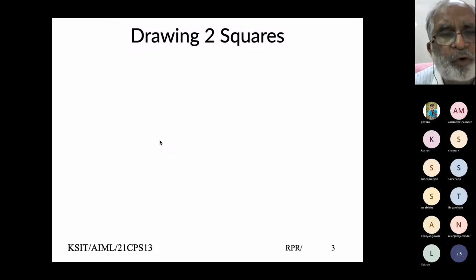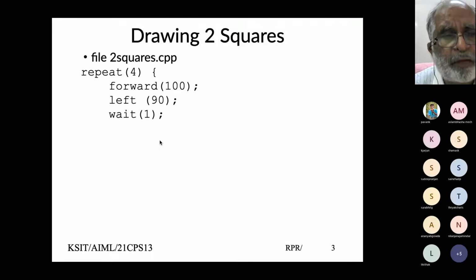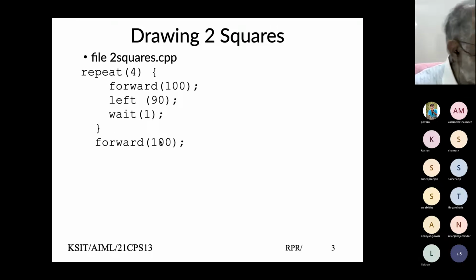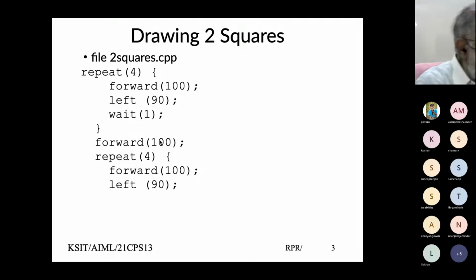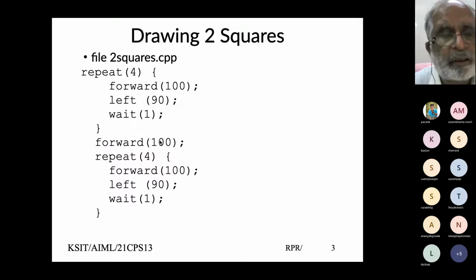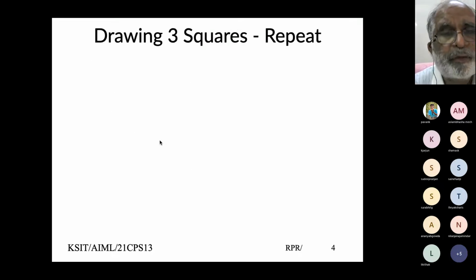So we started with drawing two squares, and I gave the example. I write the code. This is my one square, and then I repeat the same code for another square here. And that's what we did, drawing two squares.